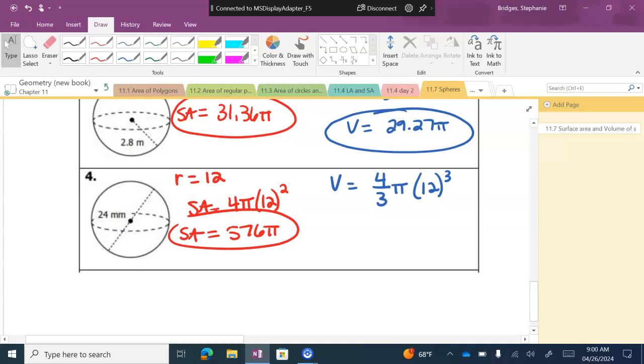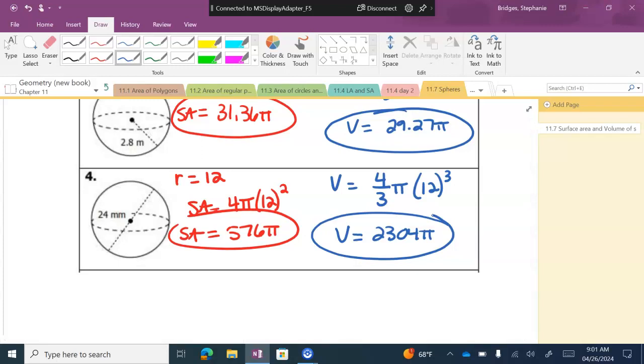That's how I got that. And then for the volume, 2304. That's 12 to the third times 4 divided by 3. Do I have any questions?